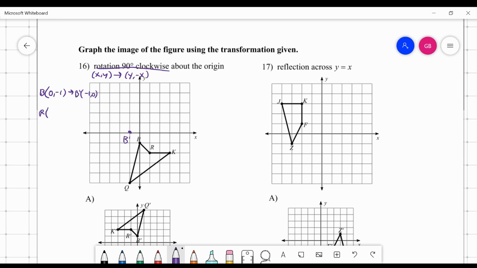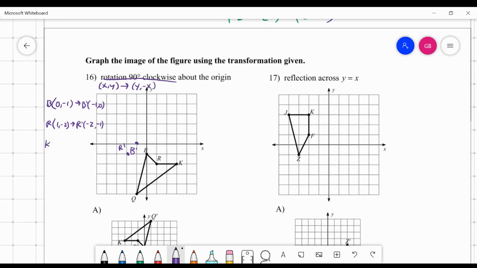If R is (1, -2), R prime is (-2, -1). R prime.